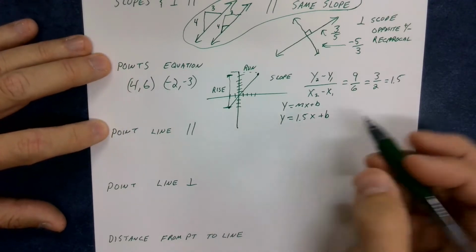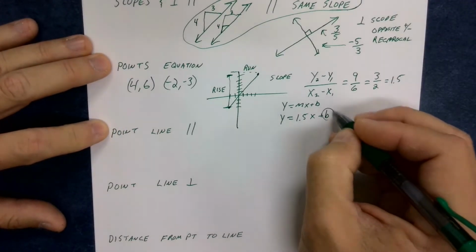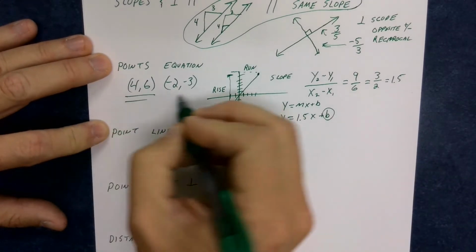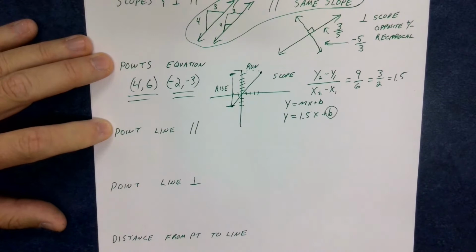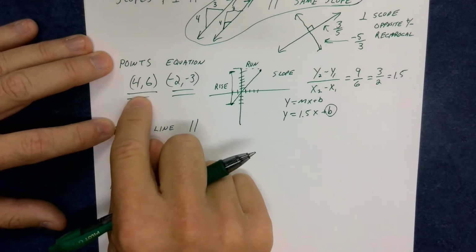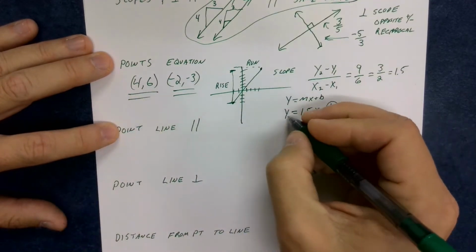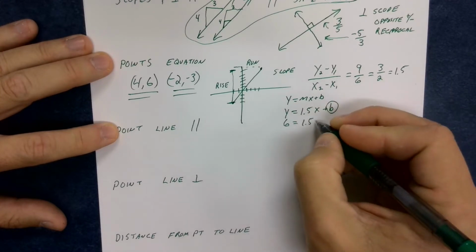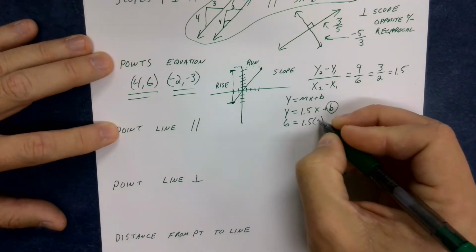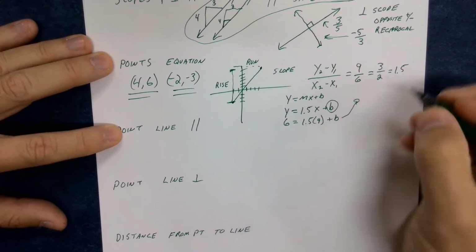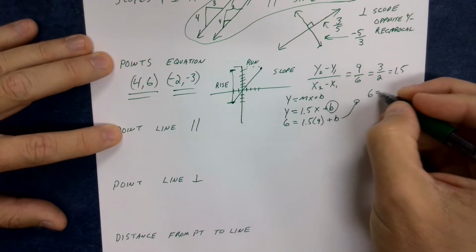So now what I have to do is this. If I'm trying to solve for b, I need to know an x and a y. Well, look, right over here, I have 2 of them, so I have an option. I don't care which one I use, but I will say this: I might be better off using positive ones. So I'm going to go ahead and put that in there. 6 equals 1.5 times 4 plus b. 6 equals 6 plus b.